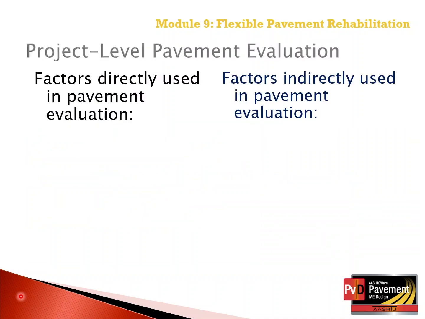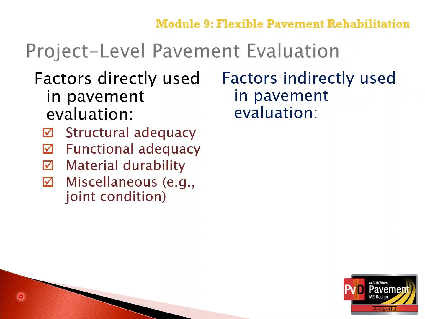As also noted in Module 8, there are project-level pavement evaluation factors, some of which are directly used in pavement evaluation, and other factors are indirectly used in pavement evaluation to determine an assessment of the existing flexible pavement.